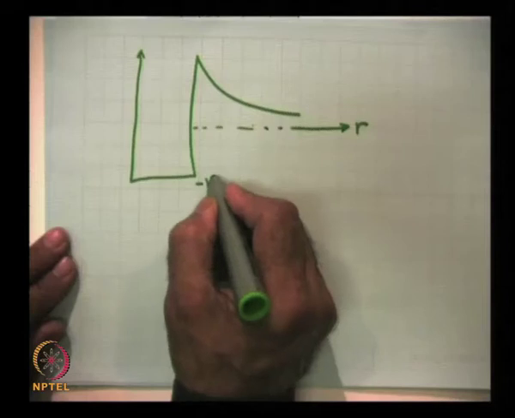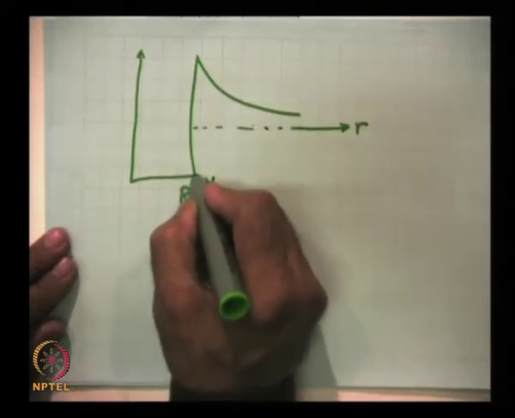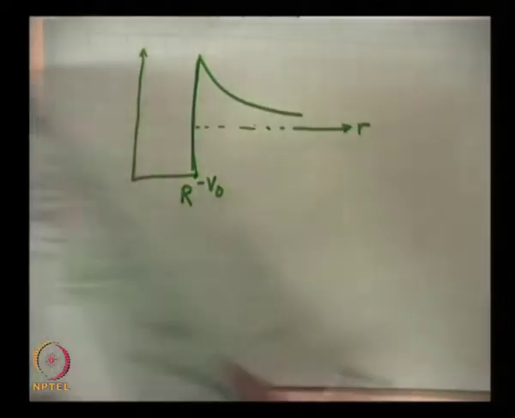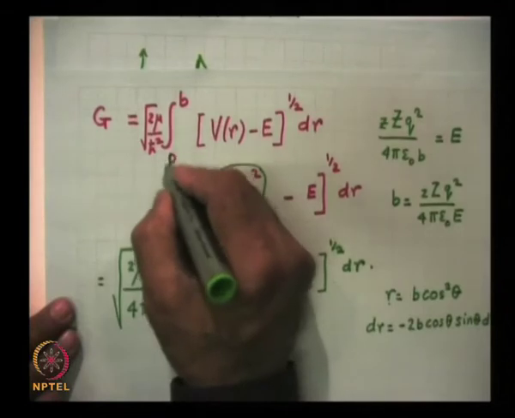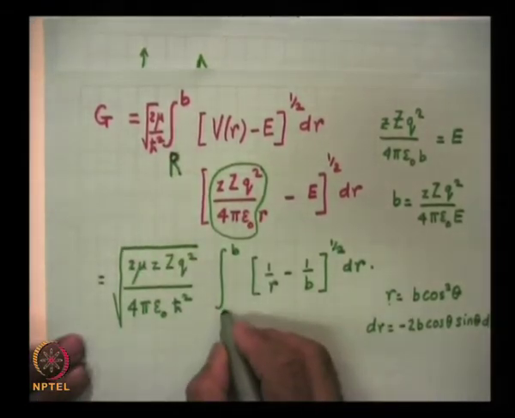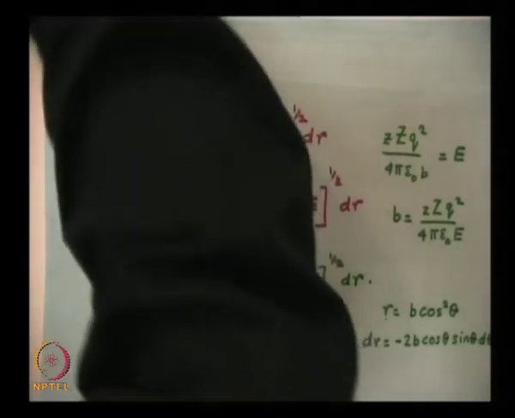So, this is minus V 0, and this distance is the radius of the nucleus. So, the lower limit is not 0, it is R. I hope you understand this. Where did the figure go? Just one second.